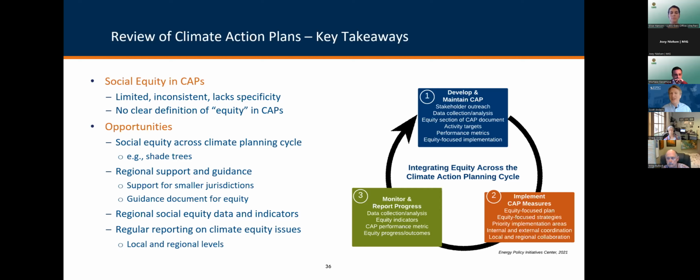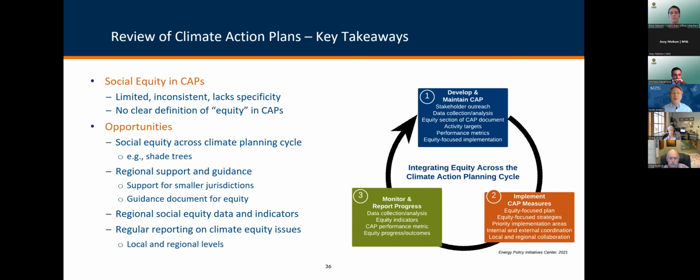So doing some analysis at the front end of the process, also targeting some implementation at communities of concern, that can also be part of the process, and then specifically monitoring and reporting progress in those areas. So there's an opportunity across the entire climate planning cycle to incorporate social equity.